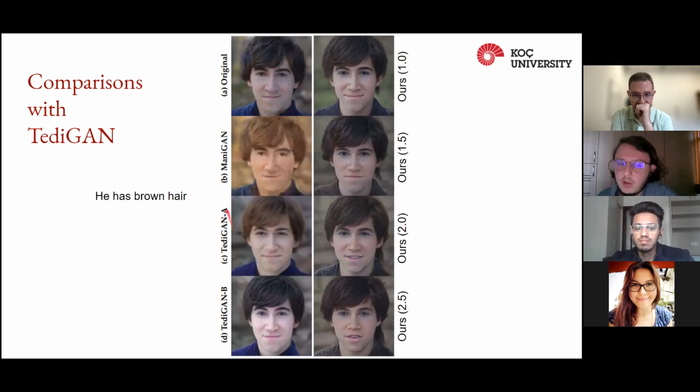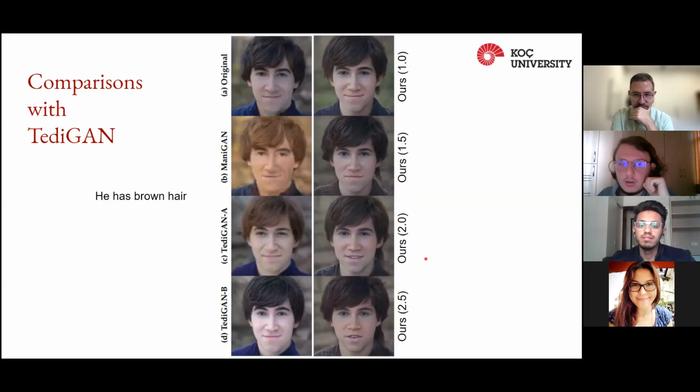The first one is for their visual linguistic similarity model, where they learn their own text encoder, and StyleGAN B is where they optimize the latent code with the CLIP loss. Then on the right-hand side, you can see our results. Inside the parentheses is the weight of the CLIP loss. We experimented with different ones: 1.0, 1.5, 2.0, and 2.5.